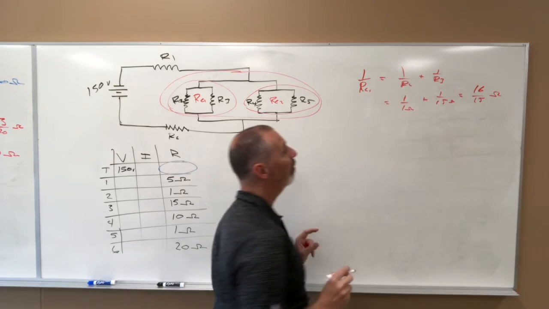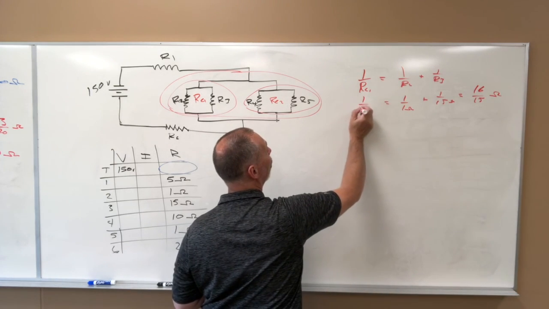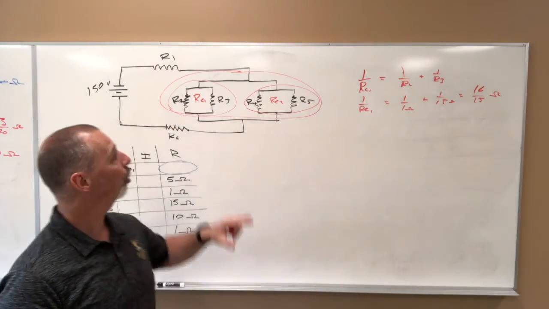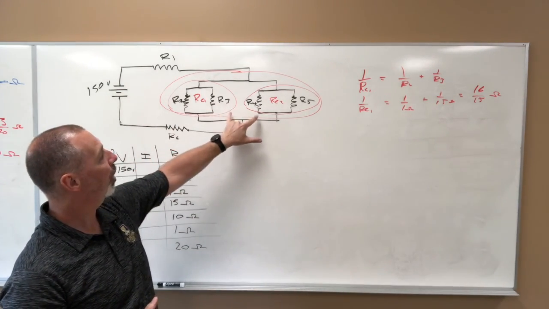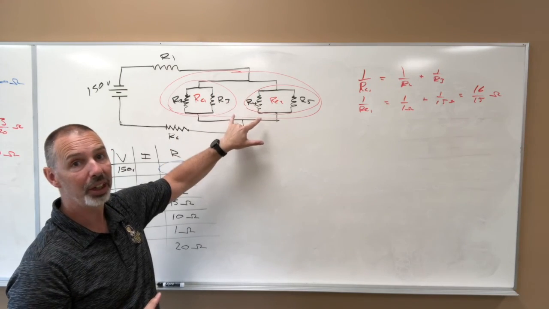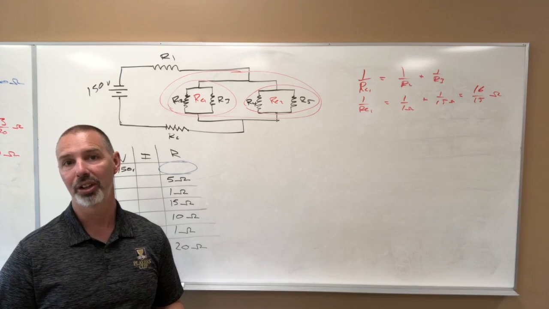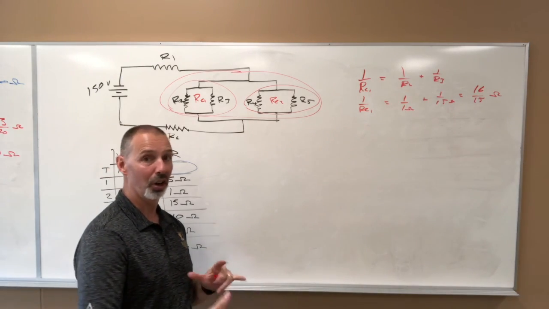Okay, and I'm going to leave it like that. That's 1 over RE1. I'm just going to leave it as 1 over RE1 because we're going to need it when we do the parallel part for RE3. We're going to need 1 over RE1, and we're going to need 1 over RE2. We don't need RE1 and RE2.